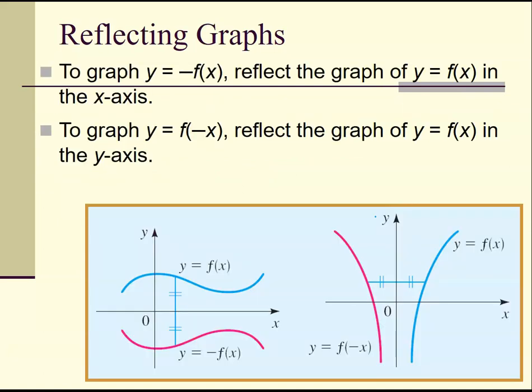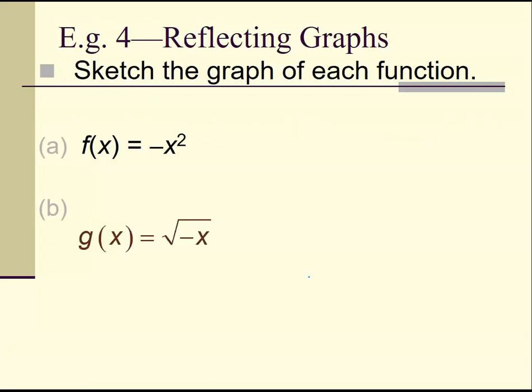So let's try to show the graph. Here, y is equal to f of x. The reflecting graph is y is equal to negative f of x. The other one, y is equal to f of x, and then y is equal to f of negative x. So that is the reflection. The blue is the original one, and then the pink color is the reflection of the original graph or function.